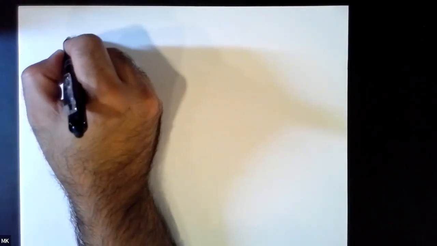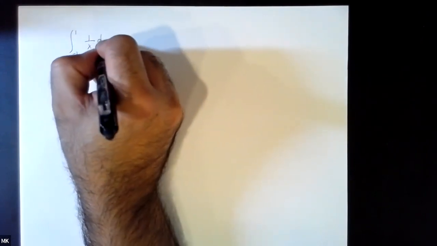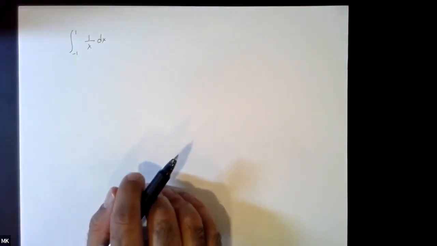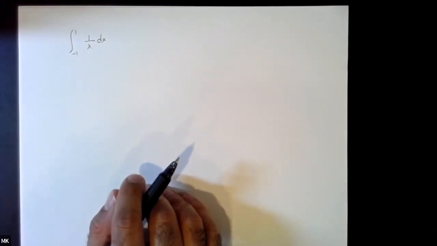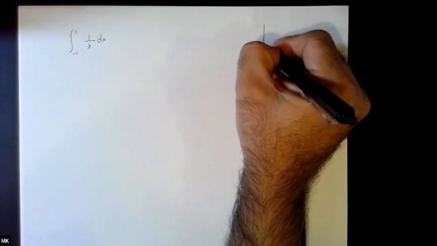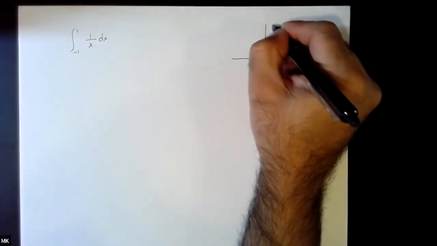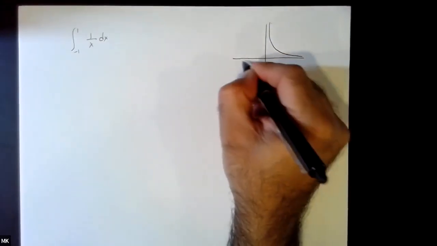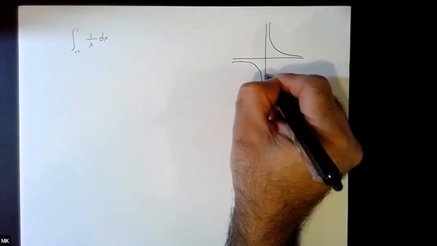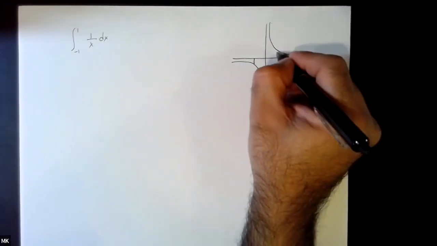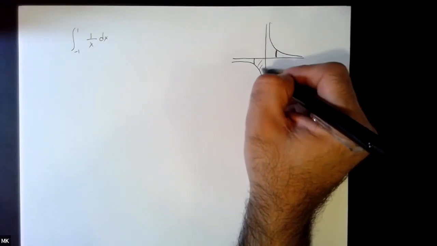Suppose somebody says, what is the integral from, say, -1 to 1 of 1 over x dx? What would that be? Well, if you remember the graph of 1 over x, it looks something like this. And you're going from -1 to 1. So you're basically talking about this area.